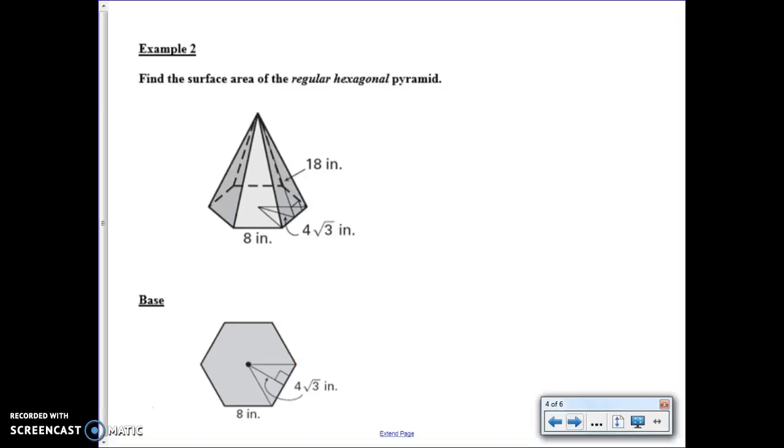Alright, let's step it up a little in our challenge level. So again, we're going to use S equals area of the base plus the perimeter times the slant height over 2. So I need to find the area of the base, but I'm going to see what else I know first. So I need the perimeter, I need the slant height.